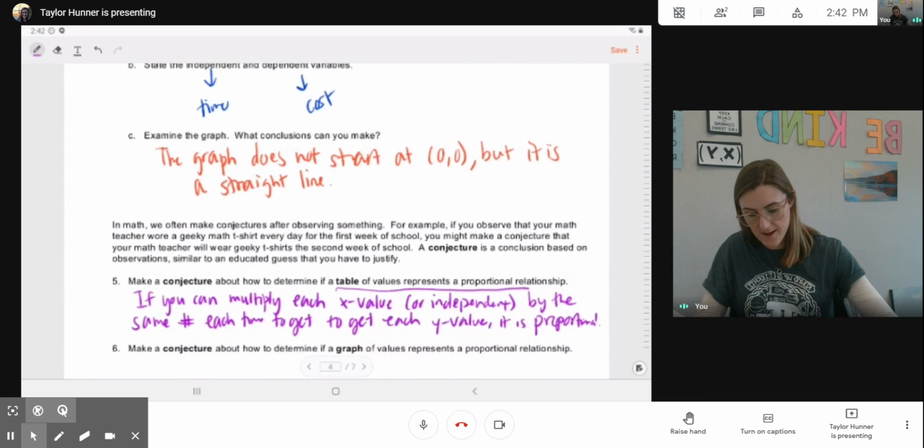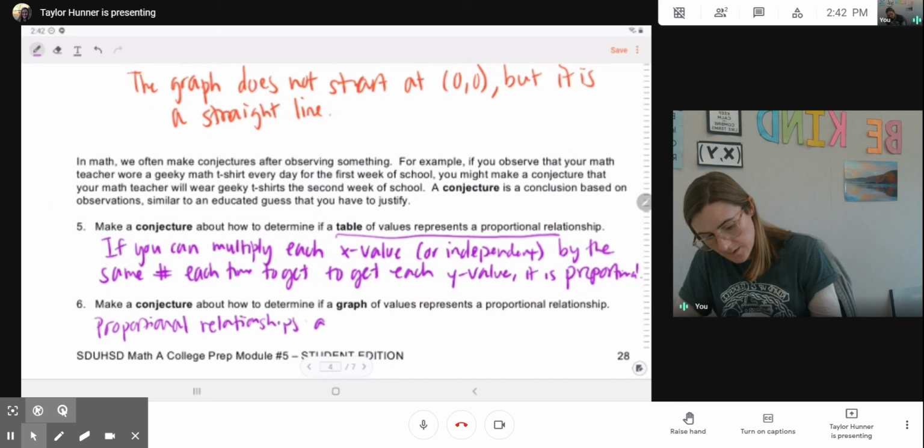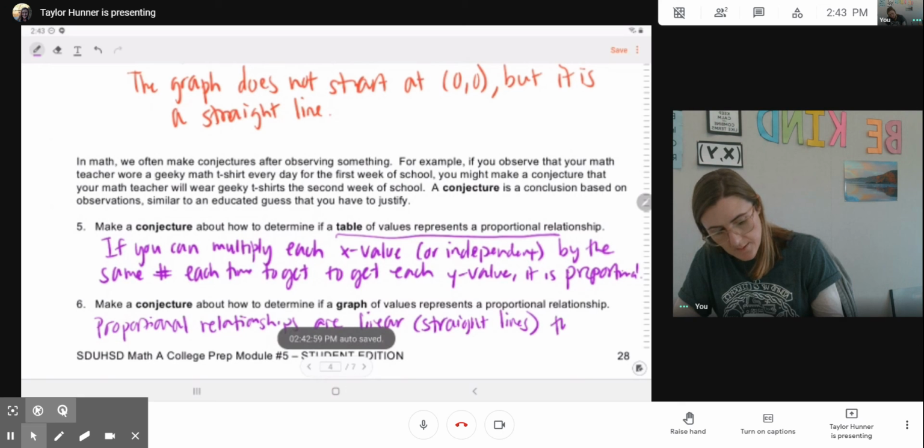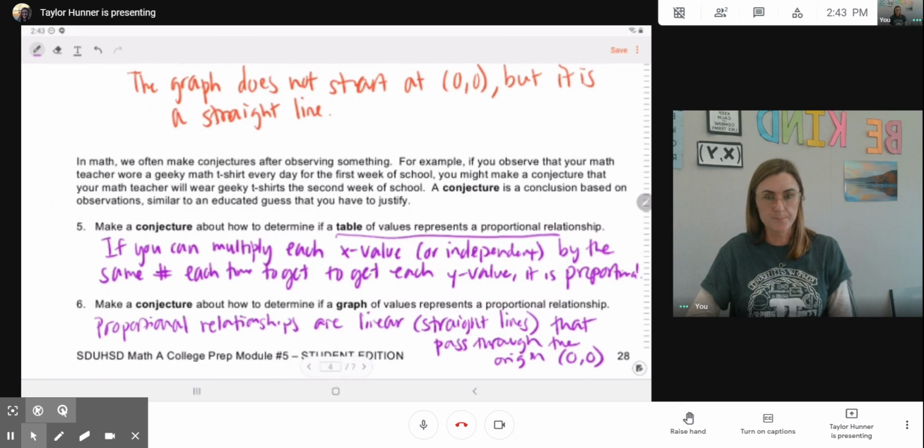So for the graph, I'm going to say proportional relationships are linear or straight lines that pass through the origin, or the point 0, 0.